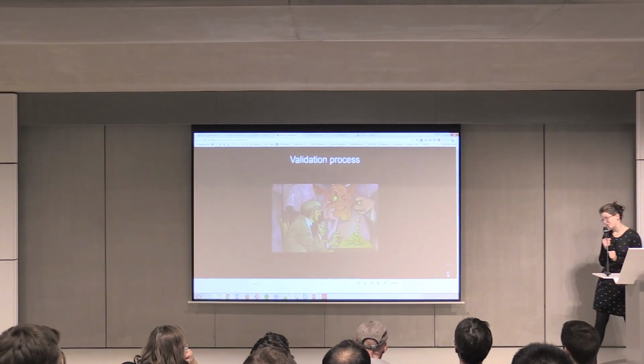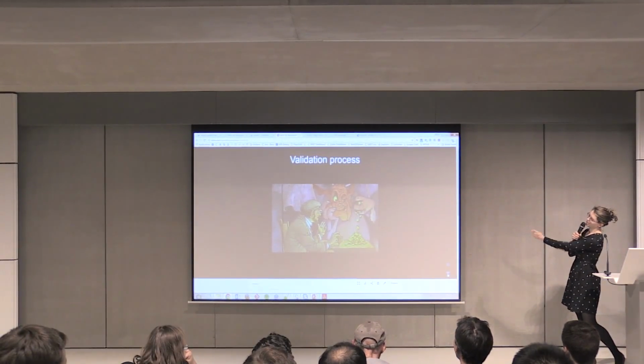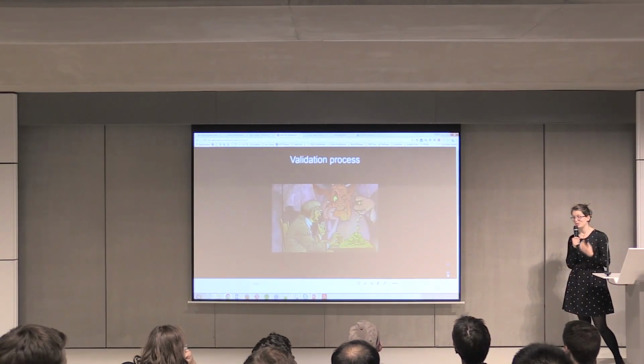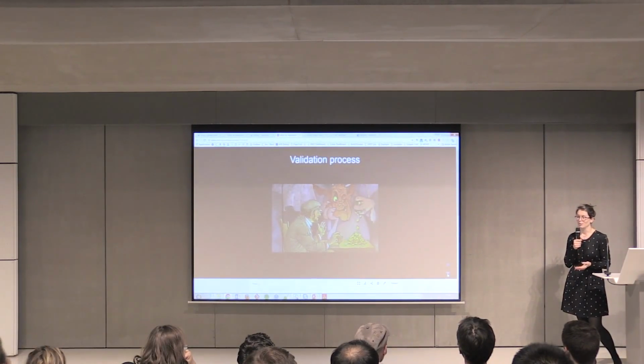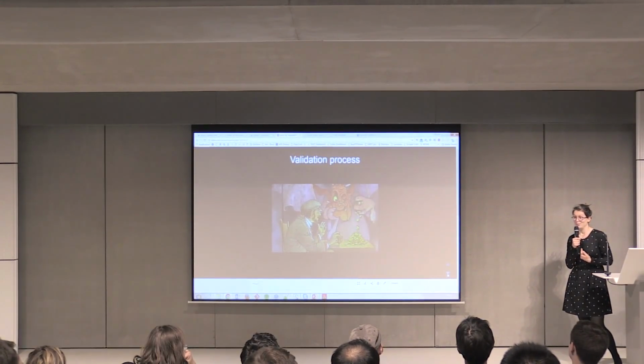The other thing is that this metadata is produced by catalogers. Those are catalogers who are really experts in their domain. They know their domains very well. They're not just people on Wikipedia. Well, Wikipedians are really good too, but I mean, this is what they do for their life.